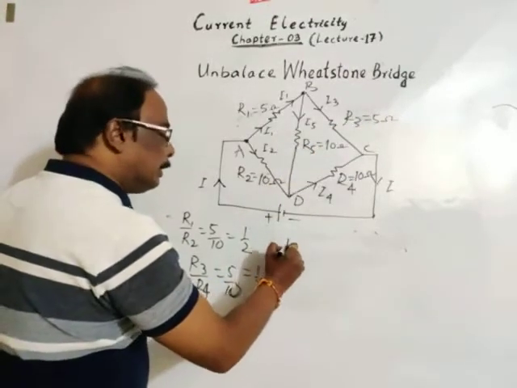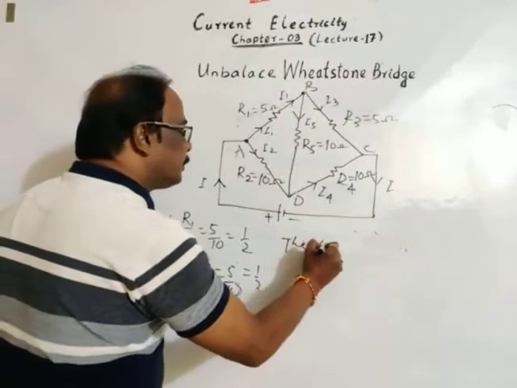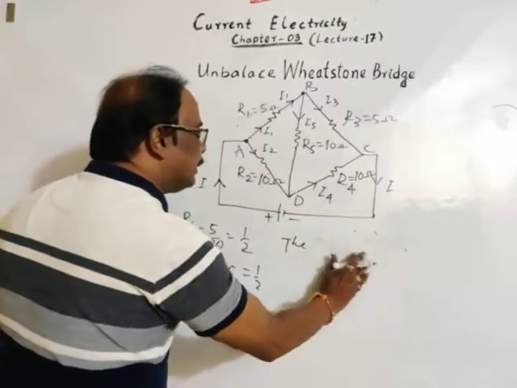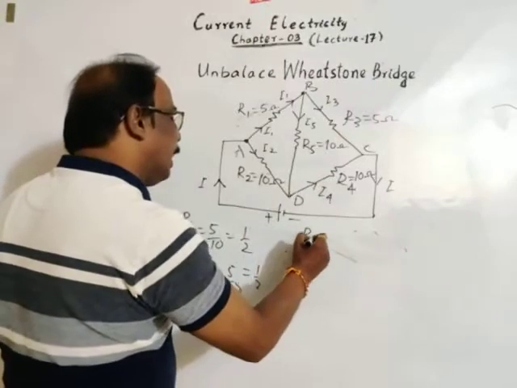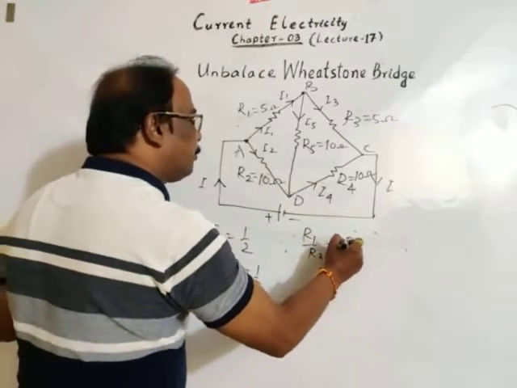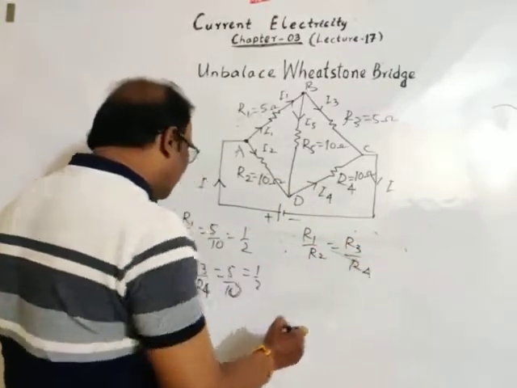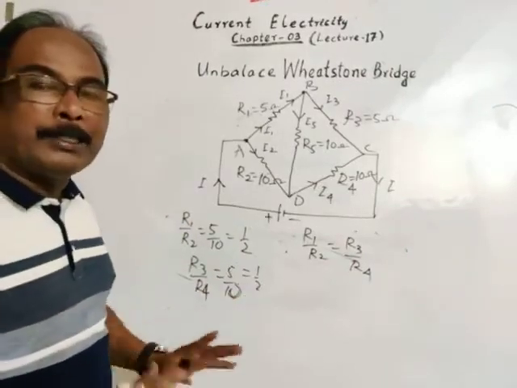Means here the condition is satisfied. The condition means balance condition. R1 divided by R2 is equal to R3 divided by R4. 1 by 2 is satisfied.